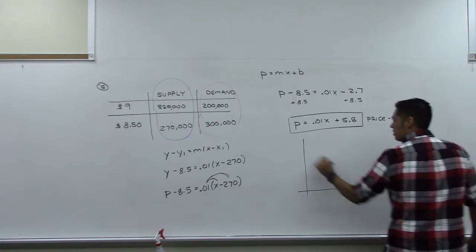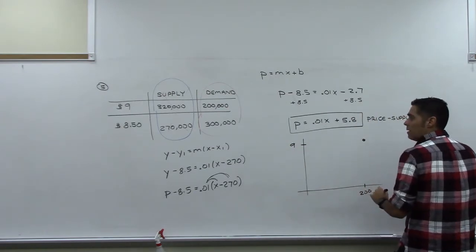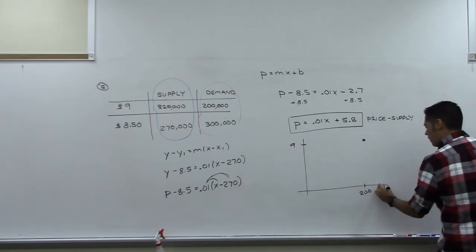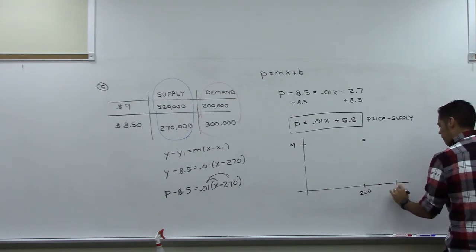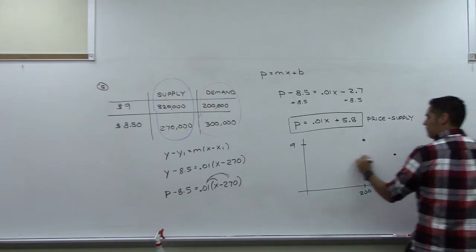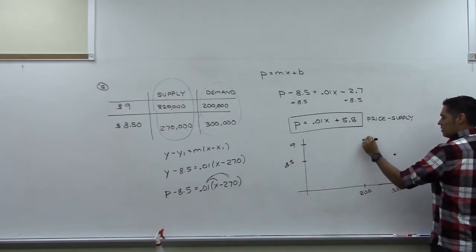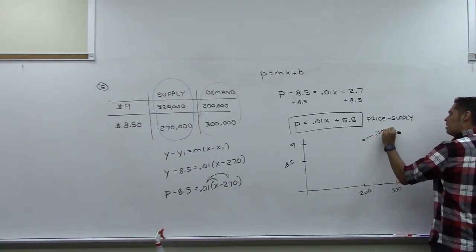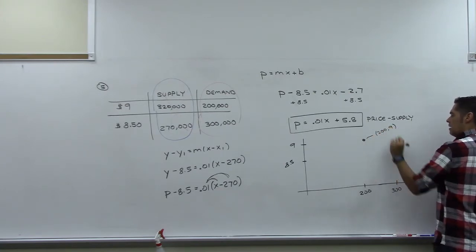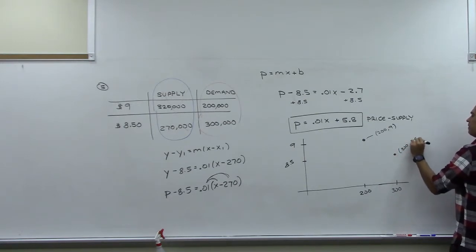At 200,000, price 9, and at 300,000, so 300 here, that's what's happening at 8.50. So as points, this is the point 200, 9, and this is the point 300, 8.5.